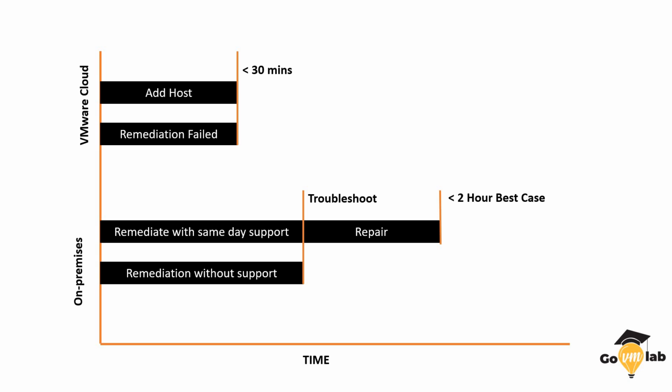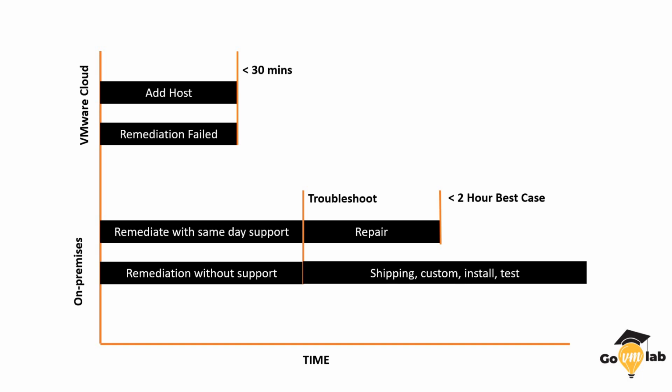What if we don't have a hardware remediation with same day support? Maybe we don't have that premium support, and the hardware fails on that specific day, and we raise a request to the hardware team. The person would come, might ship new hardware, do all the cabling and racking, and run some hardware tests to make sure the hardware is capable enough to run our applications.